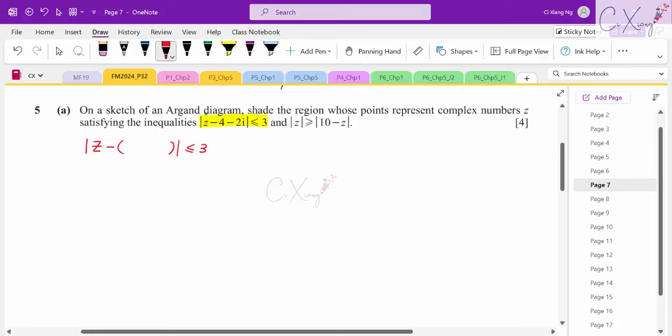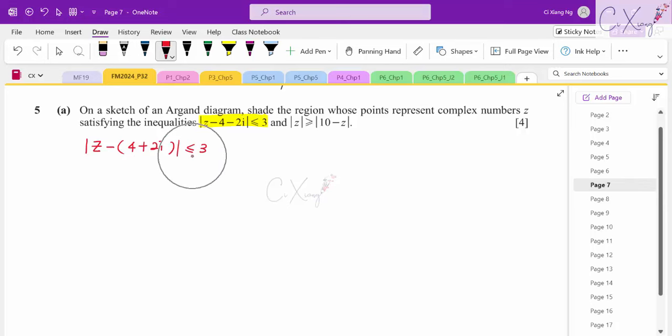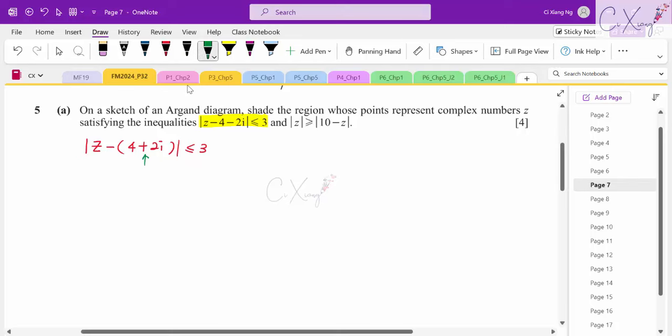So by right, you take out the negative from the 4 and also 2, so you'll be having 4 plus 2i. When you have modulus of z minus a complex number smaller than or greater than the number on the right, basically this is a circle where (4, -2) is the center of the circle and the value here will be the radius.